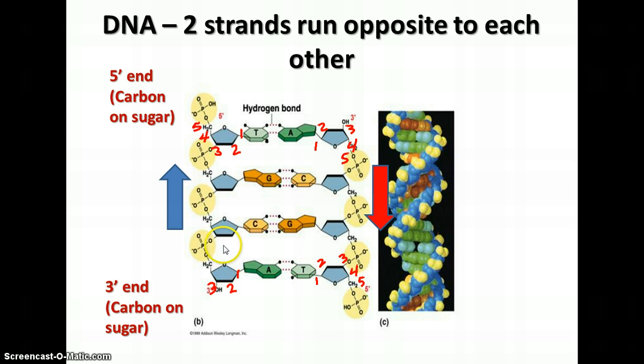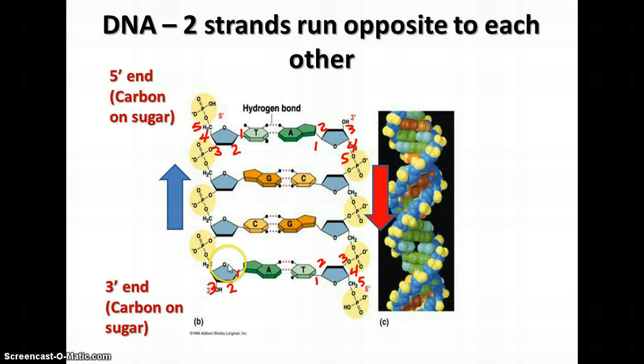You notice that the pentagon shape of the sugar looks right side up on one side and upside down on the other. That's because the 2 strands run opposite directions. They're called the 3' end and the 5' end. Okay, notice that on this, the numbers come from the carbons in the molecule.